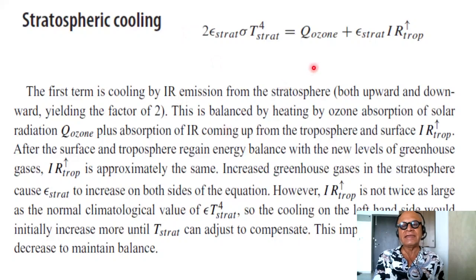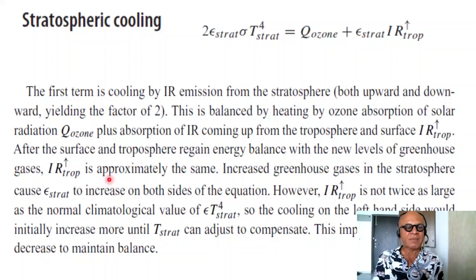This is balanced by the heating by the ozone absorption of solar radiation, Q ozone, plus absorption of IR coming up from the troposphere and surface, IR up trop, after surface and troposphere regain energy balance with the new levels of greenhouse gases. So when you increase greenhouse gases, we saw already how the various feedbacks happen, and the emissivity of the atmosphere is reduced, and the IR from the troposphere into the stratosphere is adjusted.